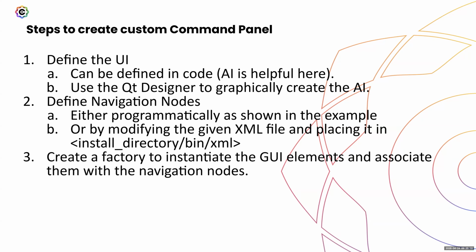Then you have to create a factory to instantiate all the GUI elements and associate them with the navigation nodes. That's basically the overall framework. Follow through the example in the components example if that's something you want to do.